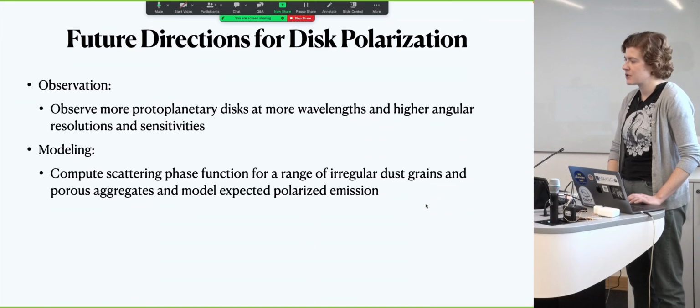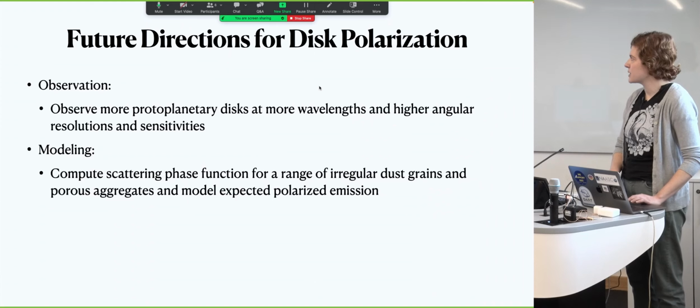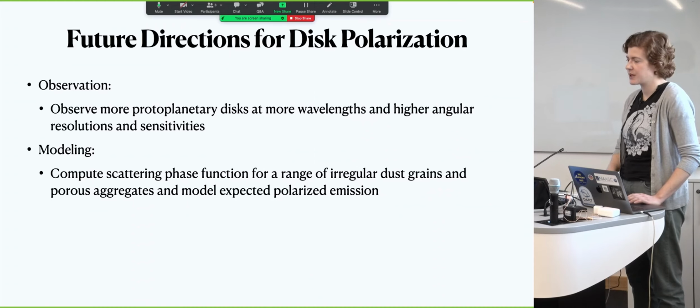So future research into disk polarization is going to involve a combination of more detailed observations and more detailed modeling. So in terms of the observational branch, we want to observe more protoplanetary disks at more wavelengths and at higher angular resolutions and sensitivities.